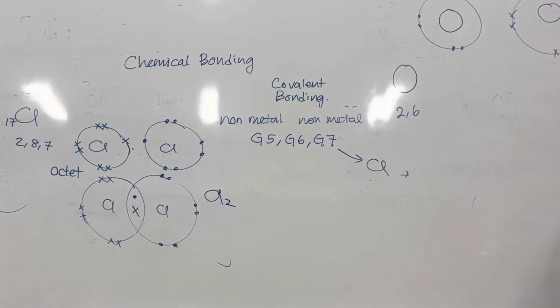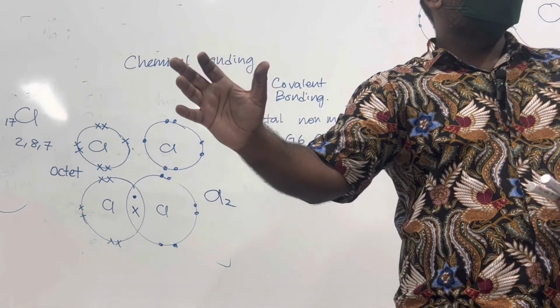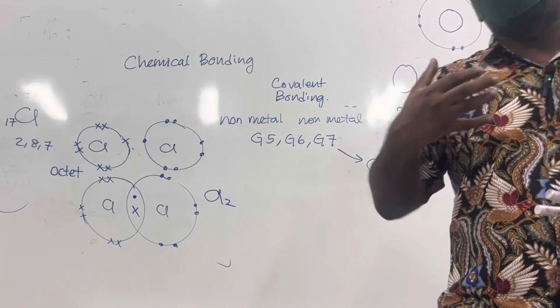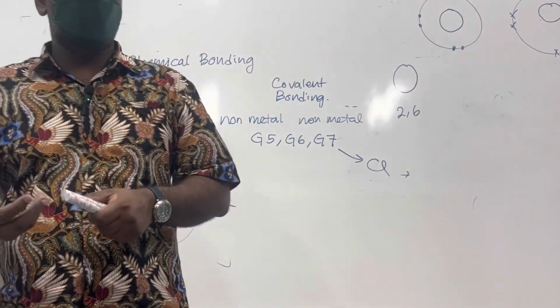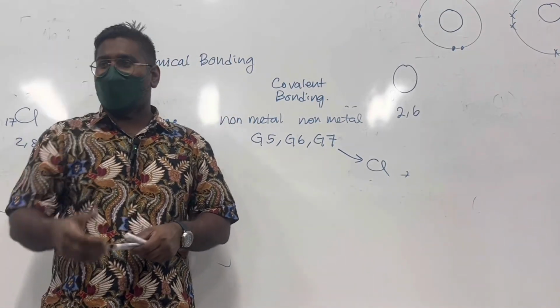Now, unlike the previous example, oxygen does not require only 1 electron to reach the octet structure. Oxygen now requires 2 electrons.